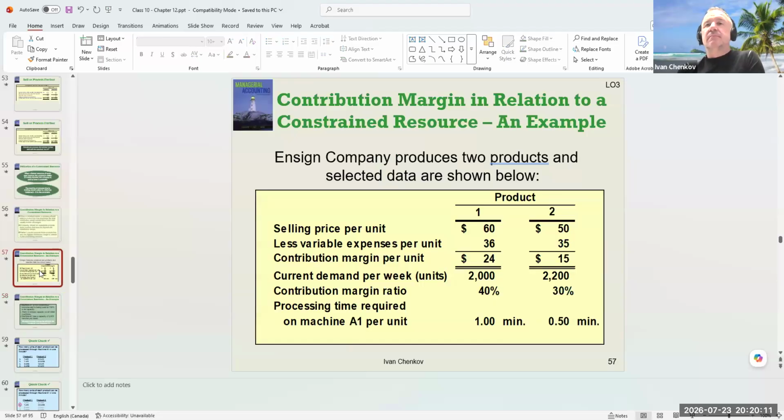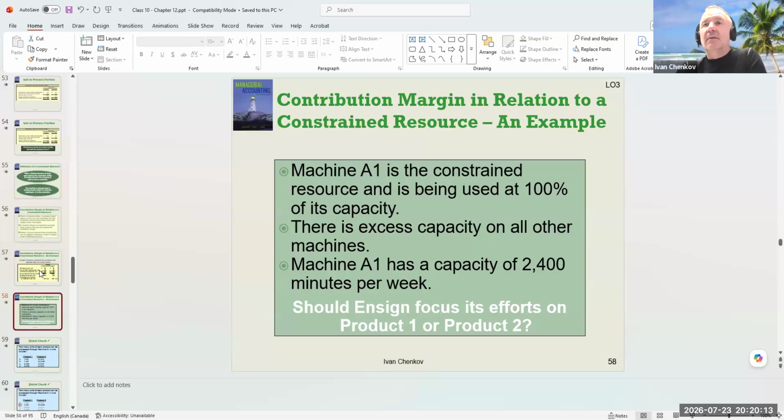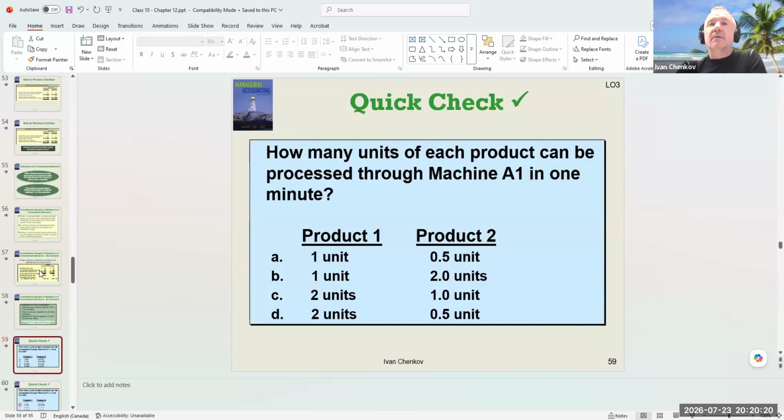So once we have the information about the two products and about the constraint, which is this machine A, then we can start asking ourselves questions. How many units of each product can be processed through the machine in 1 minute? We already have the answer: 1 unit of product 1 and 2 units of product 2.